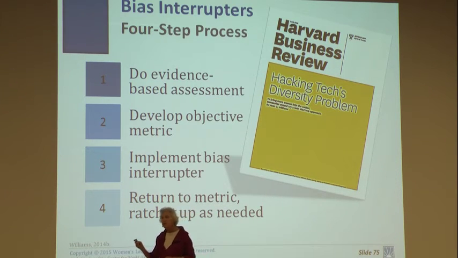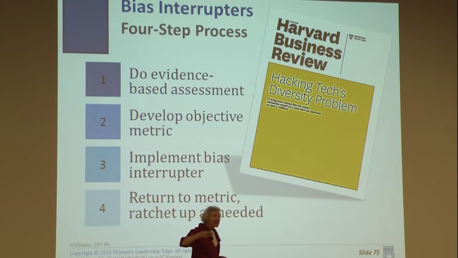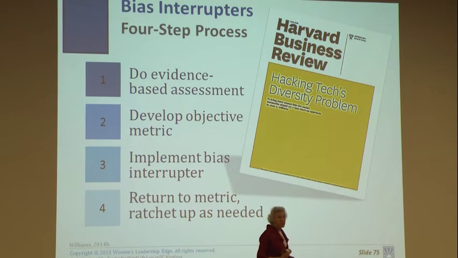If it is, then you need to put in place a bias interrupter, which is basically a tweak to the organizational system that in an evidence-based way is designed to interrupt the bias, and then return to the metric and see if the situation has improved. And if it hasn't, I guess you have to try something else. So it's basically using the sort of iterative, metrics-driven procedure that we use to solve any problem that we actually care about.